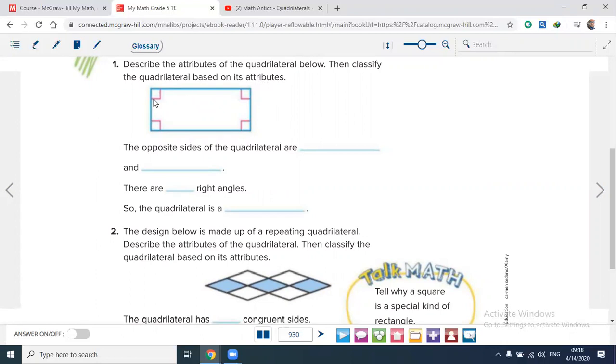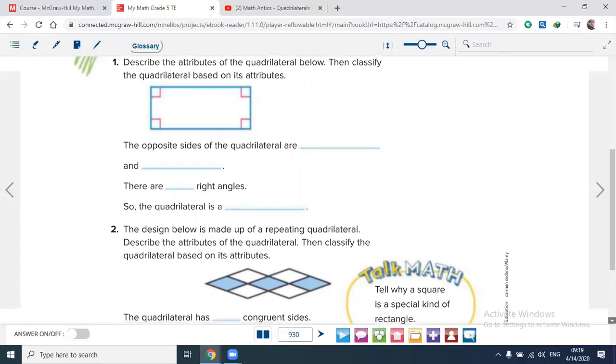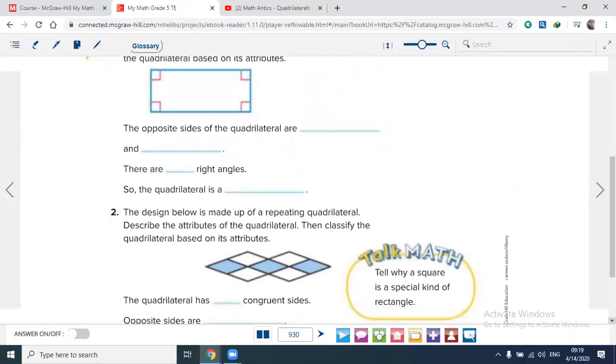Here, what is the name of this shape? Follow the instructions. The opposite sides of the quadrilateral are what? I can write equal in length or congruent. You can write congruent or equal in length.